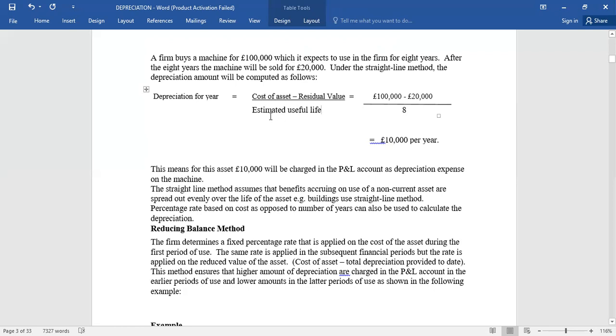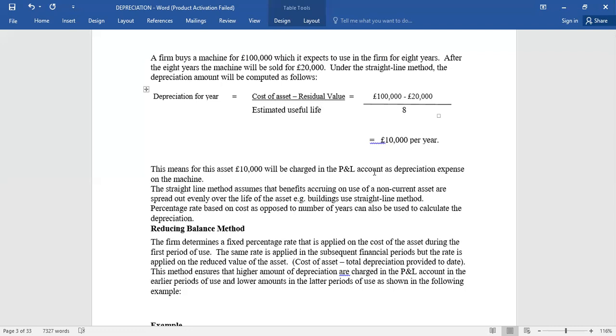Of course, the estimated useful life will be 8 years. In other words, our depreciation per year will be 10,000 pounds, which means that when we go to the profit and loss account, our depreciation expense for the machine will be 10,000 every year.